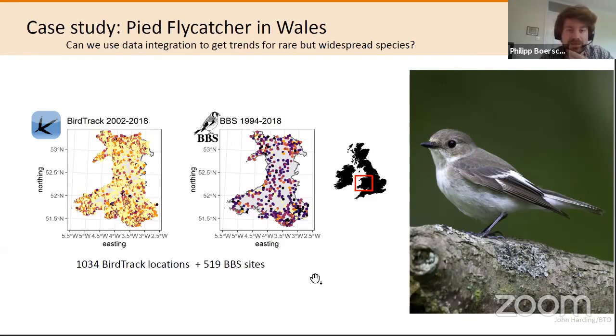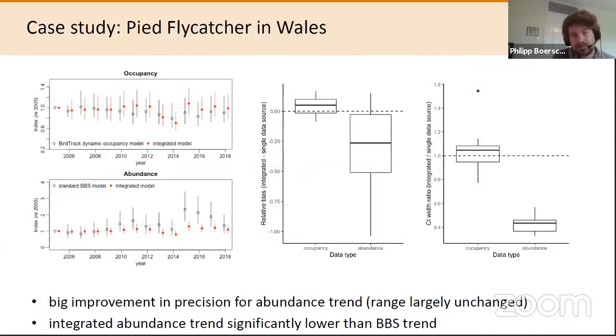That's a pied flycatcher in Wales, where we have a much bigger area, and we have about 1,500 locations in total that we're modeling this. And again, the model works quite well. We get much higher precision. There are some problems possibly with bias in this one, and we're still trying to work that one out.